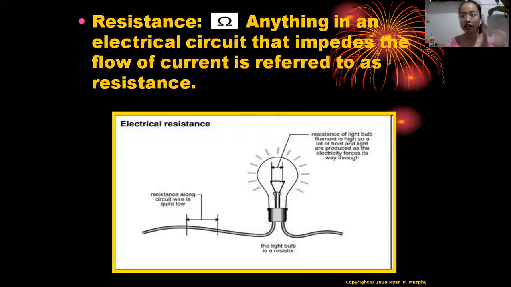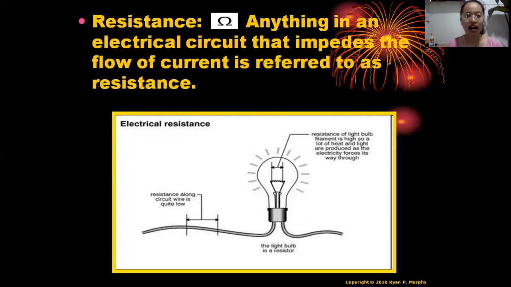So earlier, I said that the relationship between the voltage and current is directly proportional. The greater the voltage, the greater the current will flow. The relationship of resistance and the current, however, is inversely proportional.